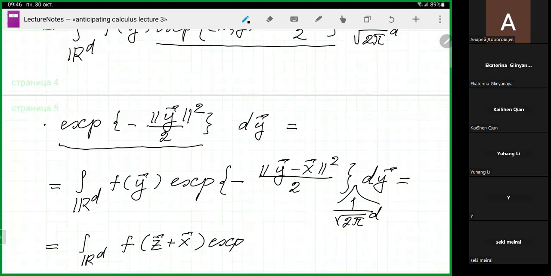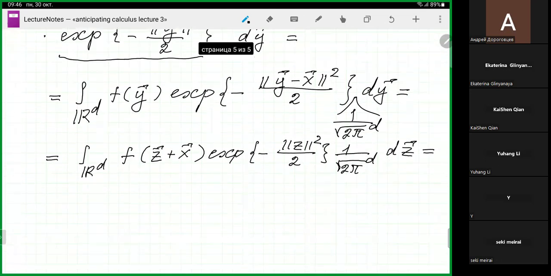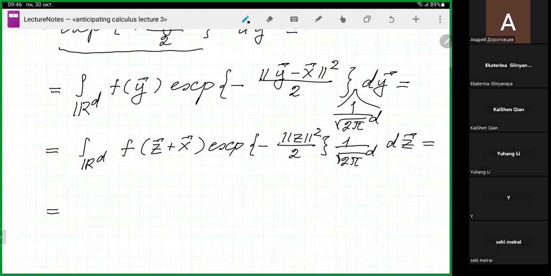Here is the exponent of minus z squared over 2, times 1 over square root of 2 pi to the power d, dz. Then it is equal to the expectation of f of psi plus x. That's all.